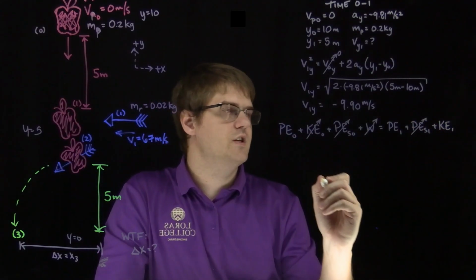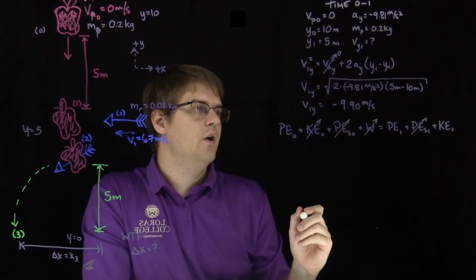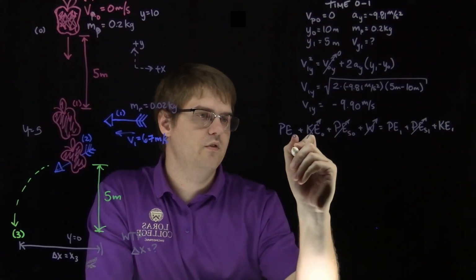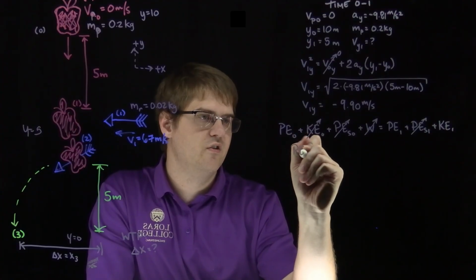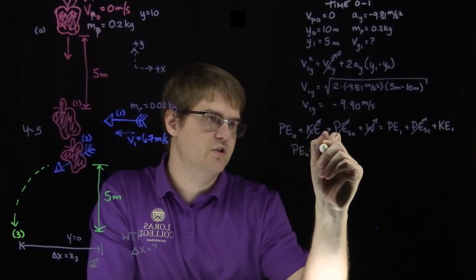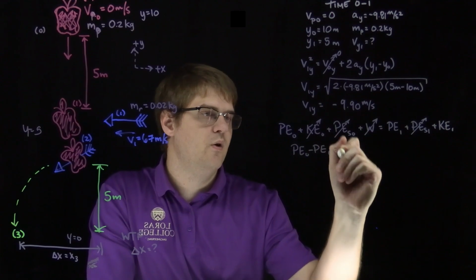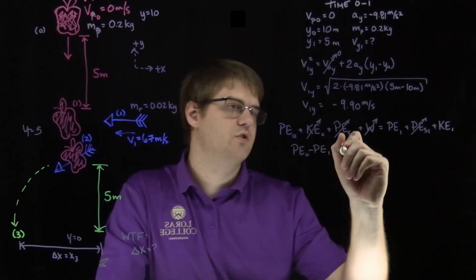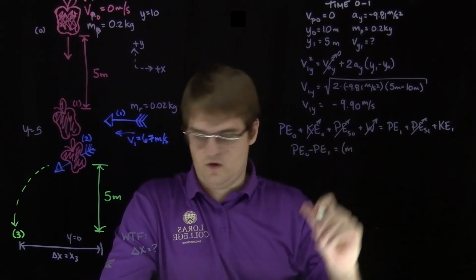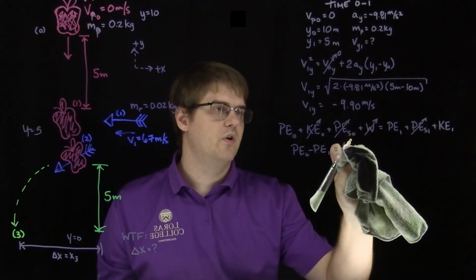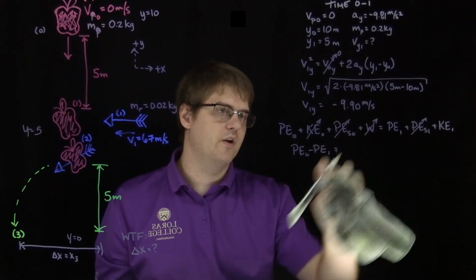So kinetic energy is potential energy 0 minus potential energy 1, which is going to be mgh. I'm going to write it out with letters.